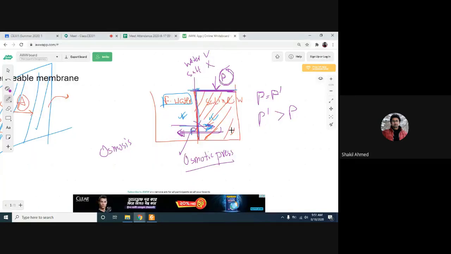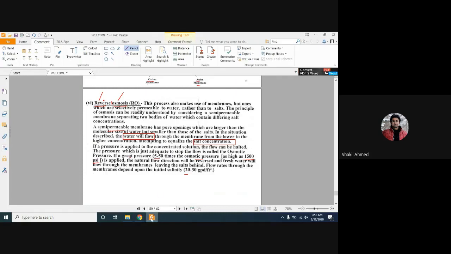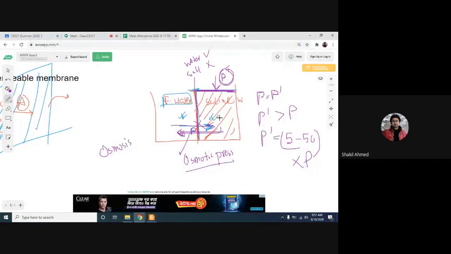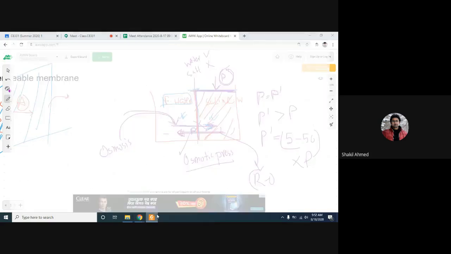If this is the osmotic pressure P, then P prime has to be 5 to 50 times of P for reverse osmosis. Okay, this was osmosis and this is reverse osmosis. This direction was osmosis, and the opposite direction, from right to left, is reverse osmosis. Okay.